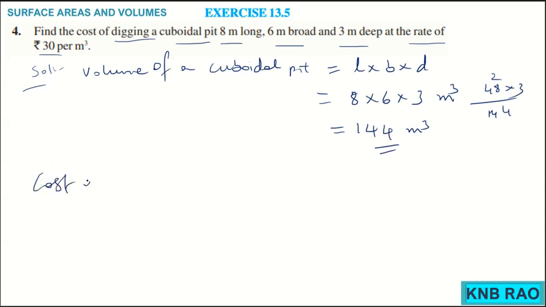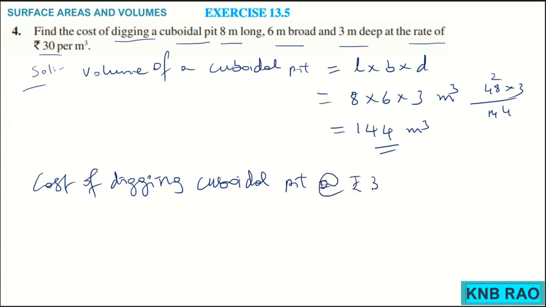Now cost of digging cuboidal pit at the rate of rupees 30 per meter cube will be 144 into 30 rupees.